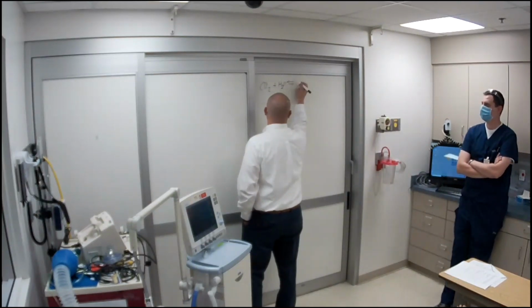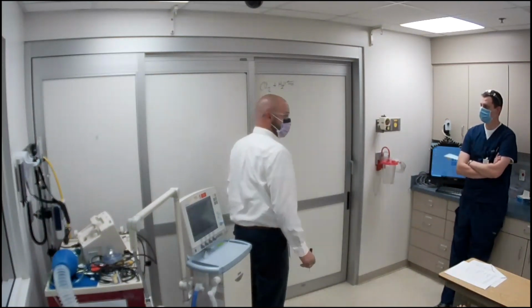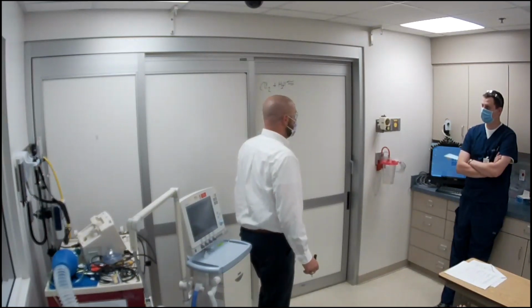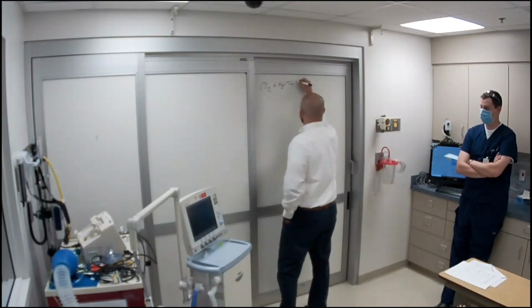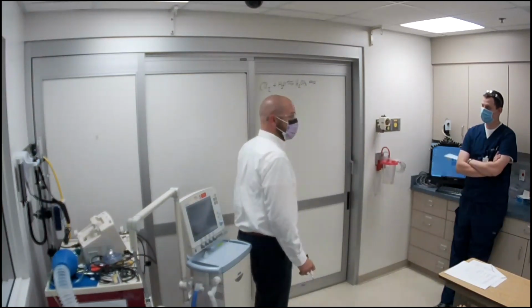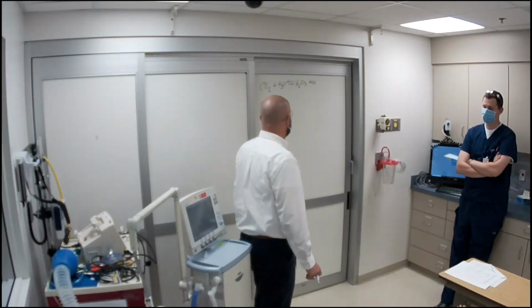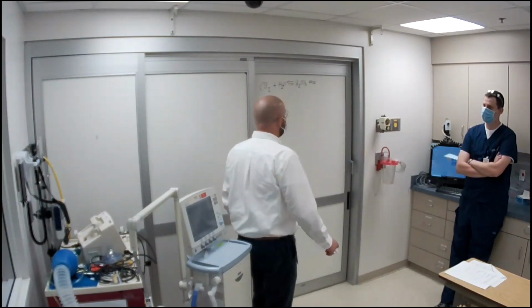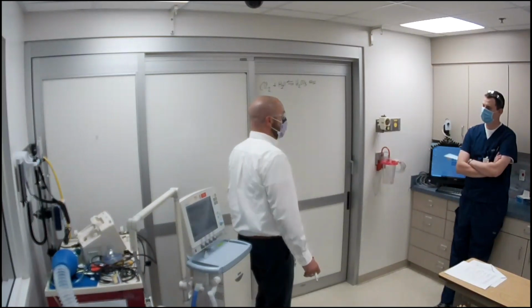What is that? It's bicarb. Not quite. What is bicarb? Bicarb is HCO3. Okay. And H, does that look familiar to you? Have you ever seen this before? What is this?